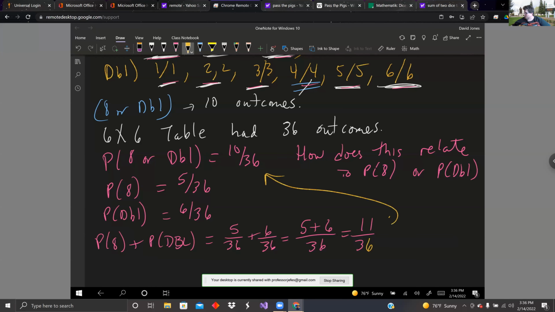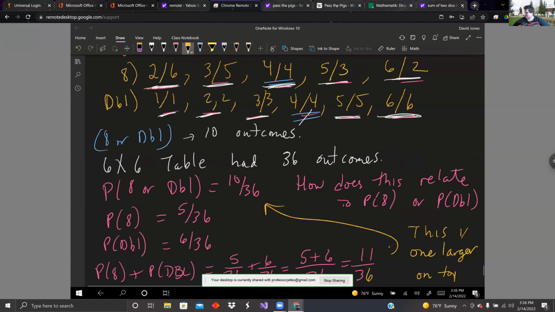This is one larger on top. And it just so happens to be that the 4 and 4 occurred twice. It was counted twice.